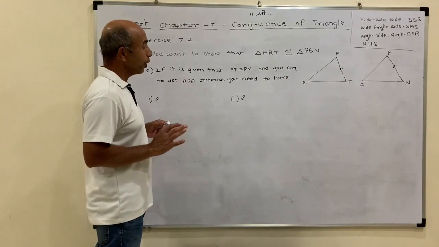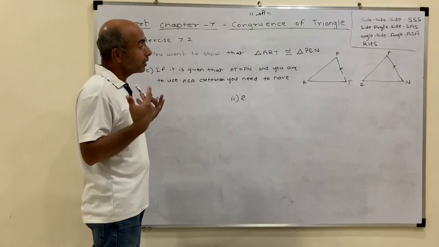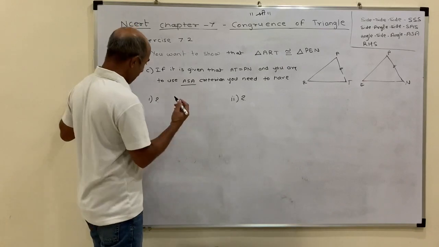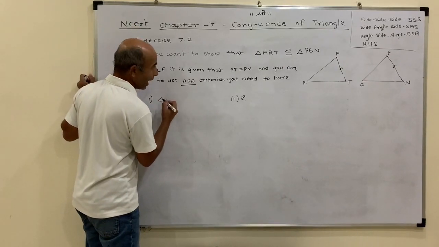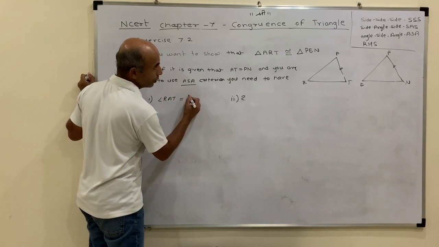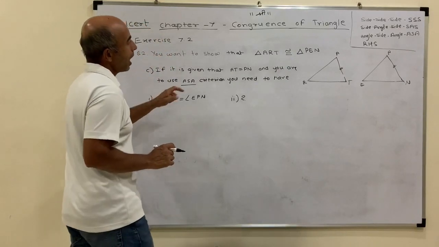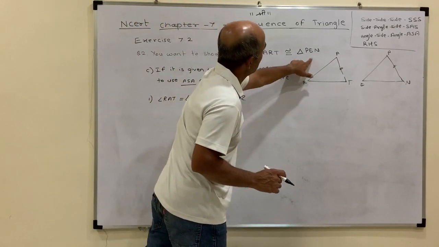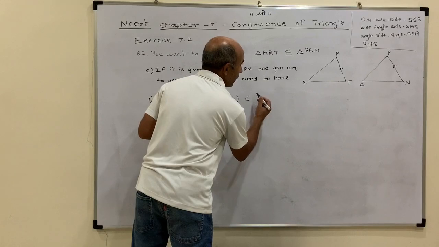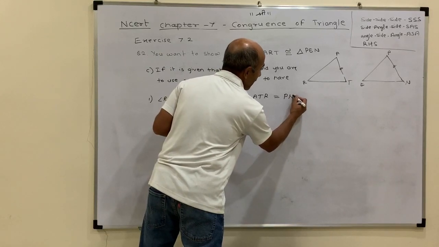The side is already given, so we have to identify which two angles need to be equal to satisfy this ASA. So I say angle RAT should be equal to angle EPN, RAT, EPN, and then the second angle ATR should be equal to PNE.